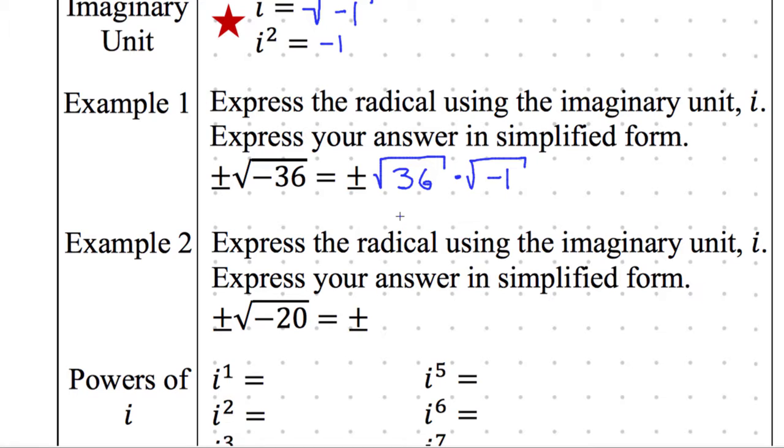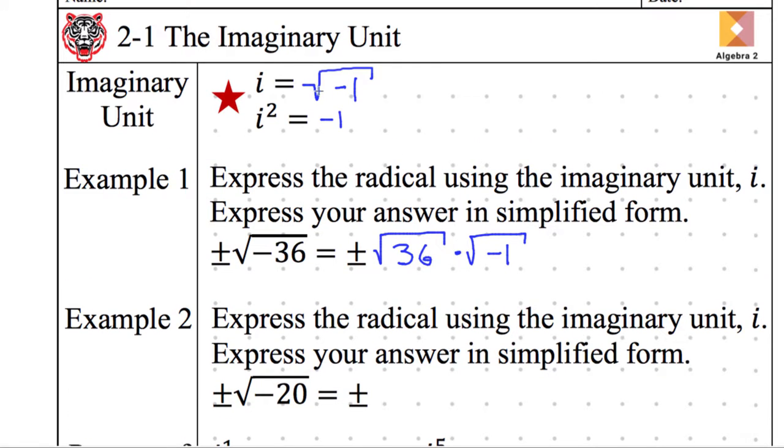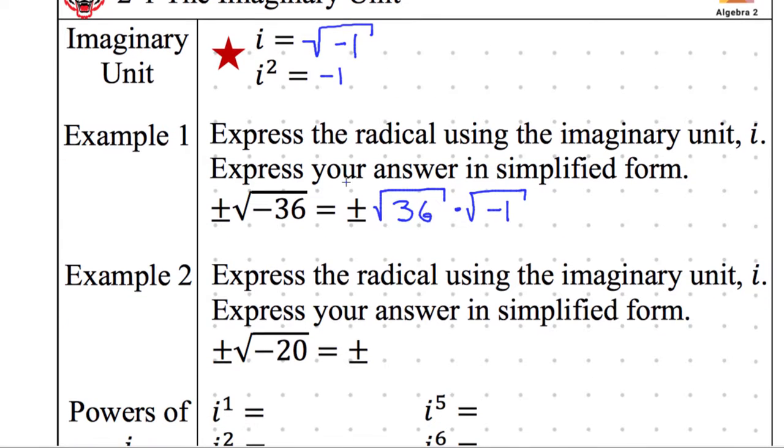Well, I know what the square root of 36 is. You just told me it's 6. And I know what the square root of negative 1 is. I have defined it formally up here for you. Therefore, this is equal to, I still need my plus or minus. That didn't go anywhere. And you're copying this down. You should be writing with your pencil. This is now equal to plus or minus. Well, square root of 36, again, shout that out. 6. And the square root of negative 1, shout that one out as well.